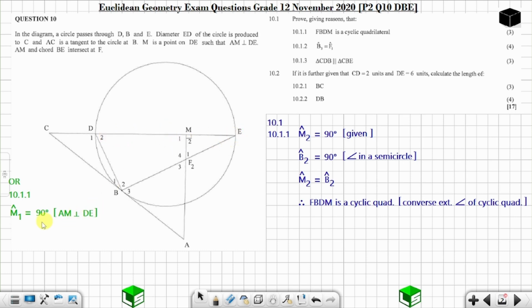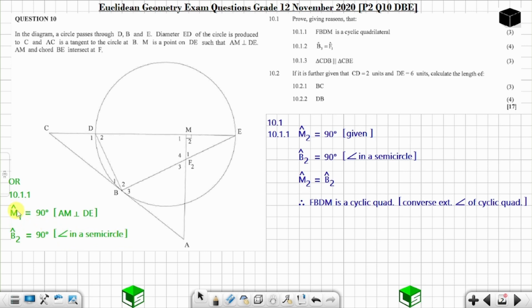Angle B2 is equal to 90 degrees because this is an angle subtended by a diameter, so the reason is angle in a semicircle.